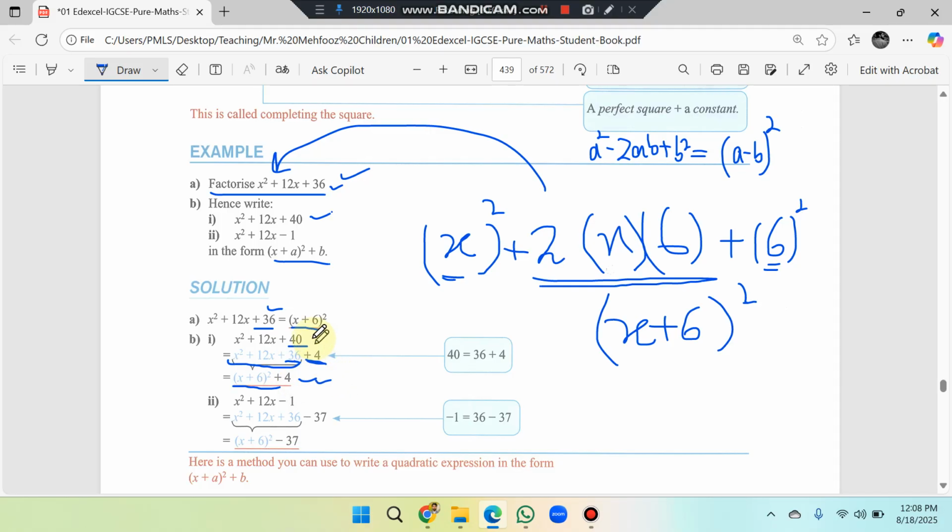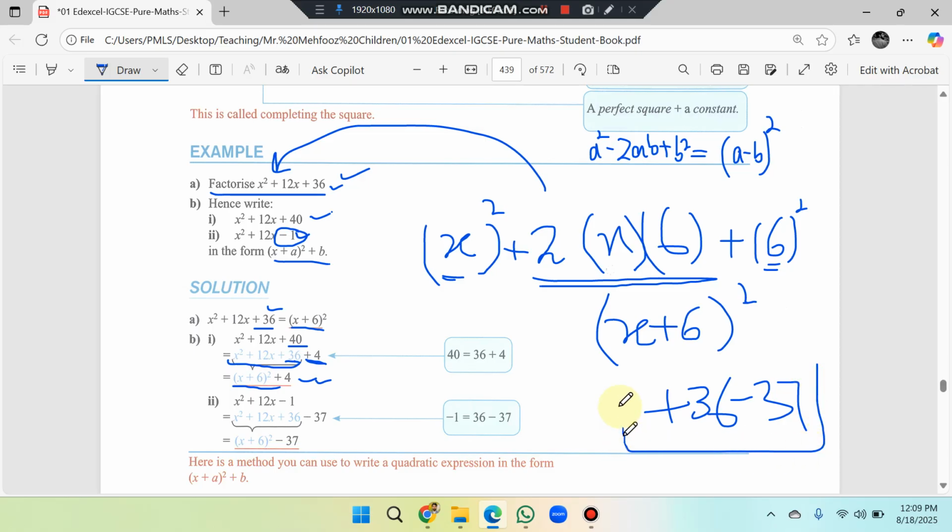Okay. Again, for part B, x square plus 12x minus 1. So you can see that here we want 36, that is positive 36. And how can we write minus 1 using 36? We can write plus 36 minus 37. Understand?